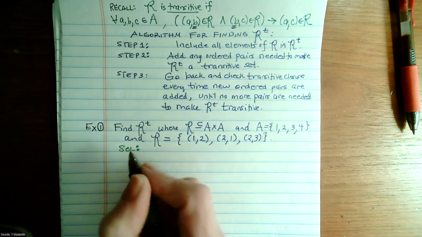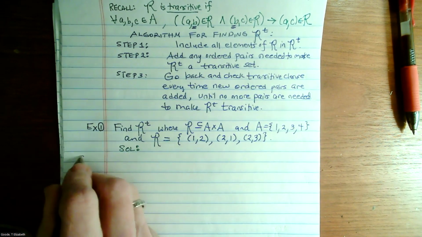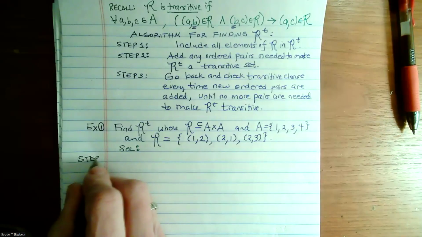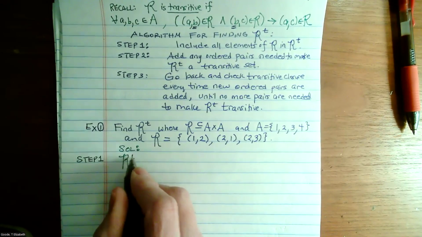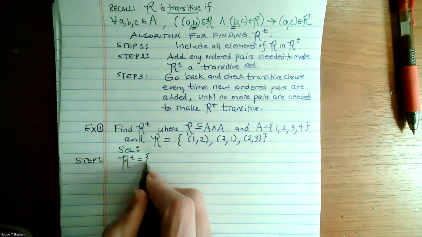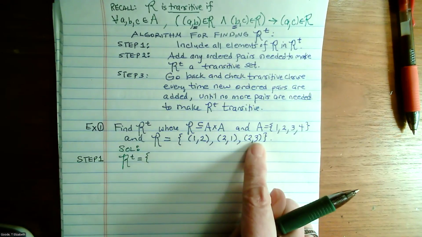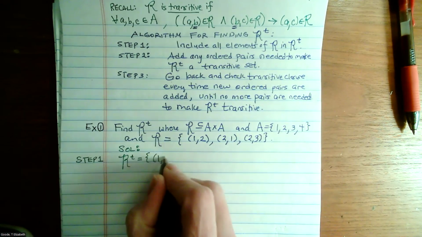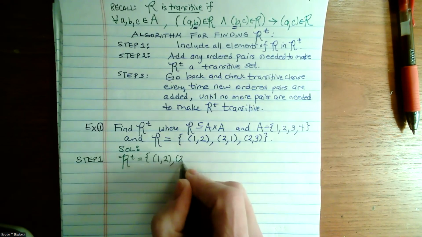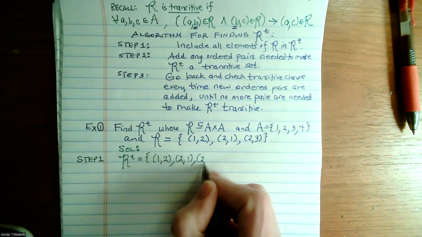So here's our solution. Step 1. RT is going to have, first of all, everything that's in R. So we'll put those elements in first: (1,2), (2,1), and (2,3).